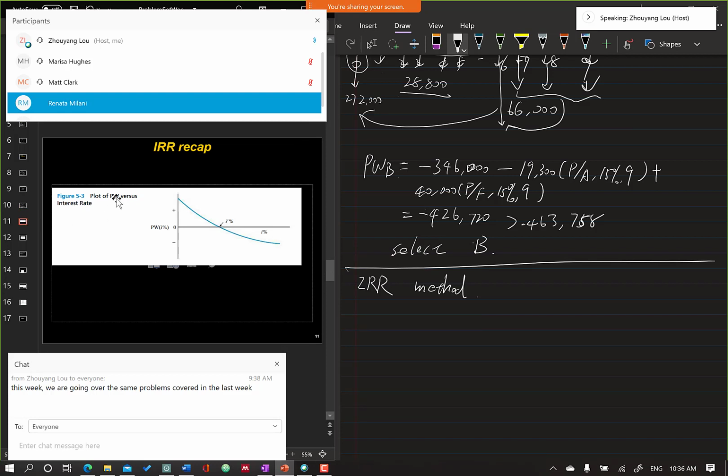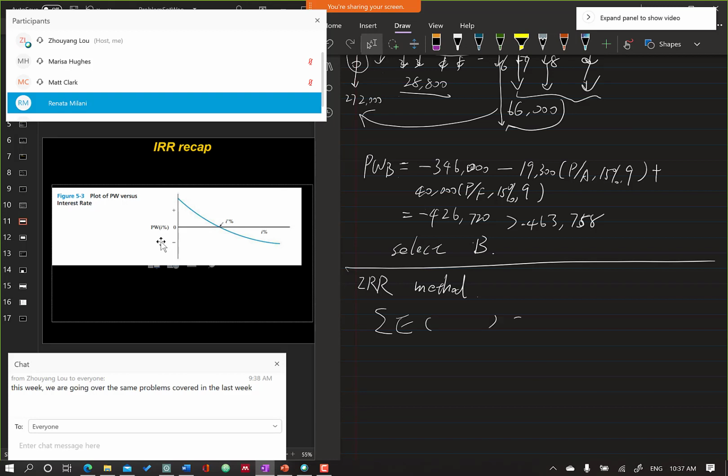And just for a recap, conceptually or graphically, what IRR is doing is, we have the notation there in our textbook: all the net expenses and the net revenues, and you put them together, or this minus this equals 0.